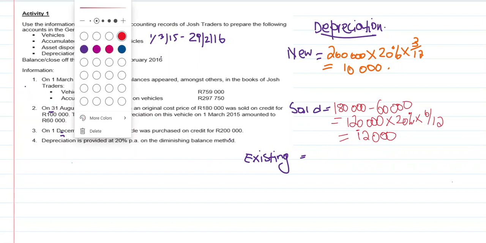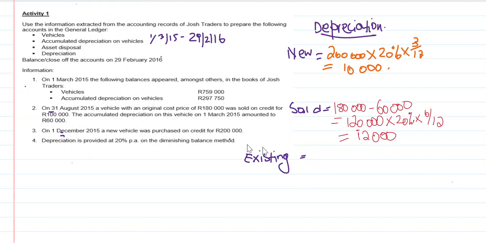The existing vehicle now. We have 759,000 and we have to minus the sold vehicle, 180,000 rand.